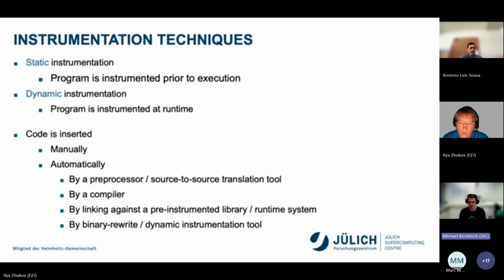So this is one of the main things you need to consider when thinking about a sampling or an instrumentation type of tool. So what does your application do? Do we have many small functions? Then sampling is probably a better approach. If you have few big functions, instrumentation is a perfectly valid way to go.